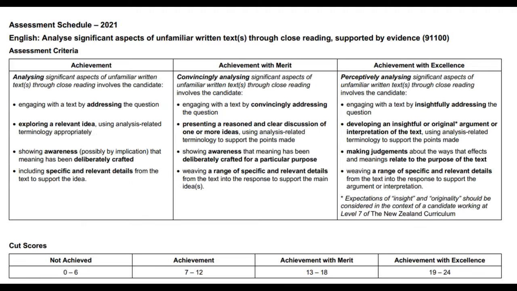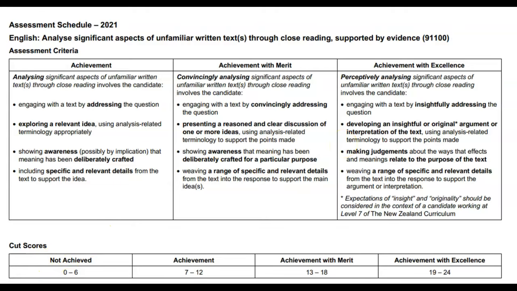Okay, this is what the assessment schedule for today's text will be based on. Achievement looks at these things, Merit these things, Excellence at these things. We're going to look at the difference between these two and the difference between these two, and I'm going to show you some examples that I have whipped up.